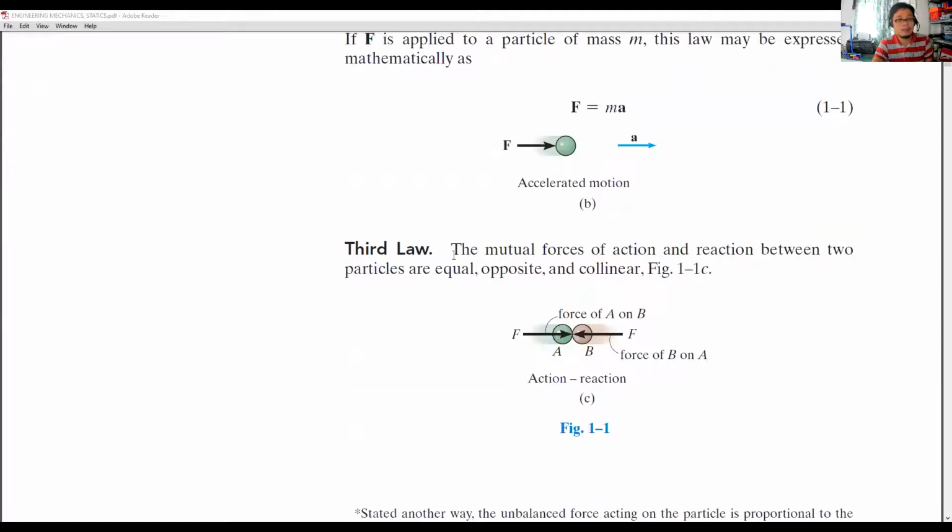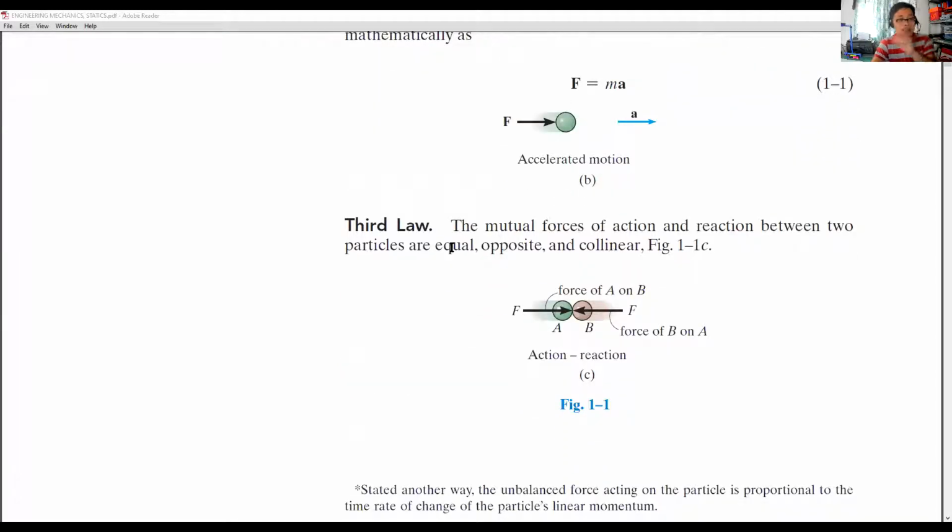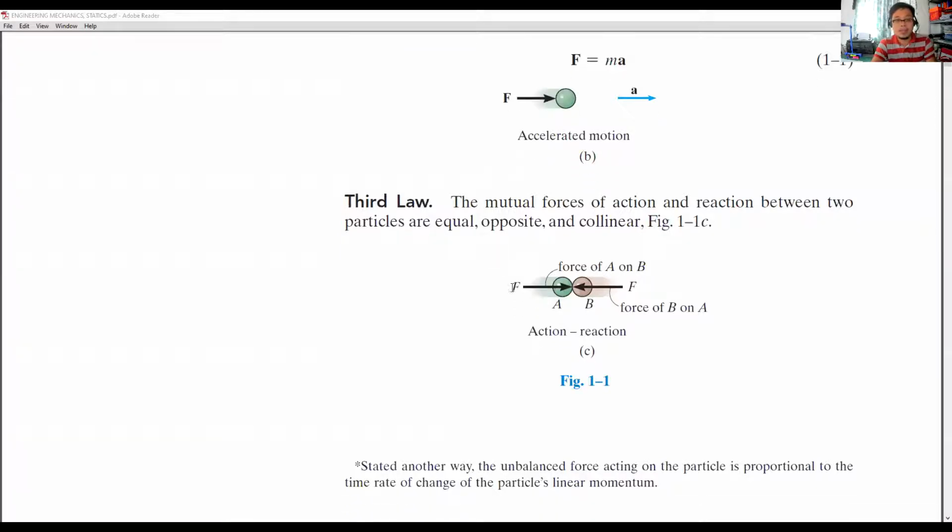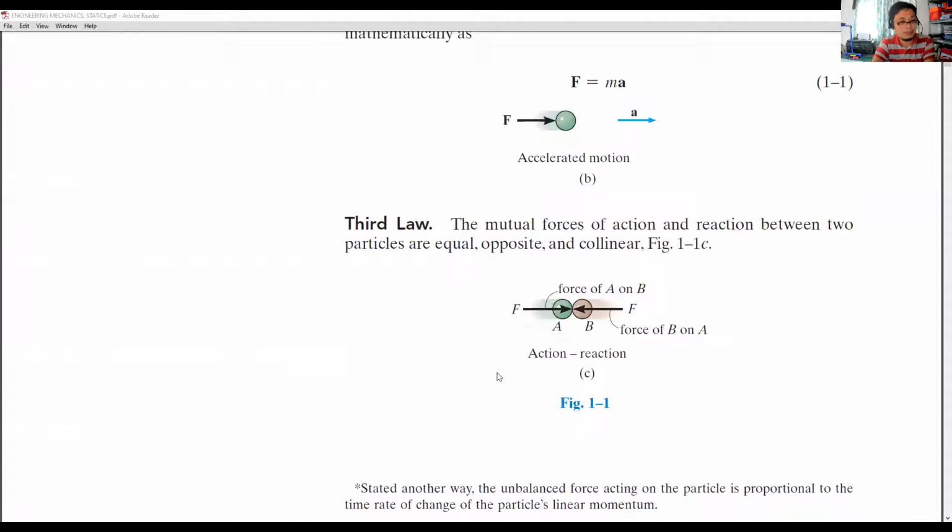And the third law: there is an action and an opposite reaction if the body or the particle bumps with another body. So if the two forces coincide, there will be an opposite and equal reaction. Okay, so much more on this.